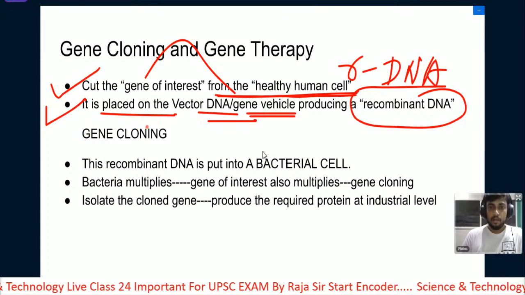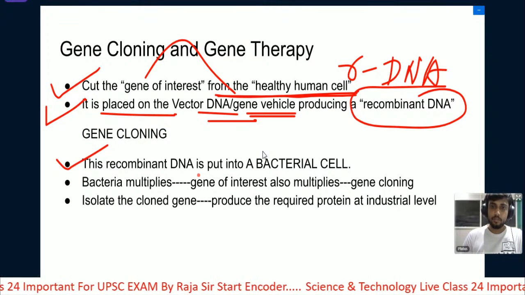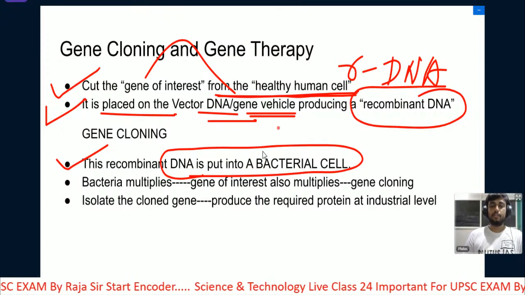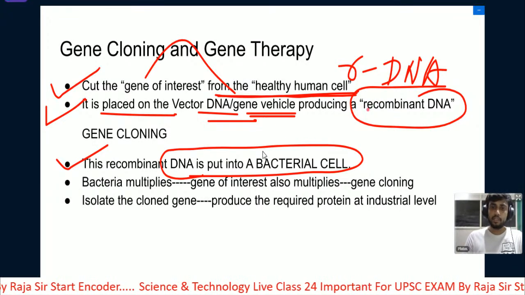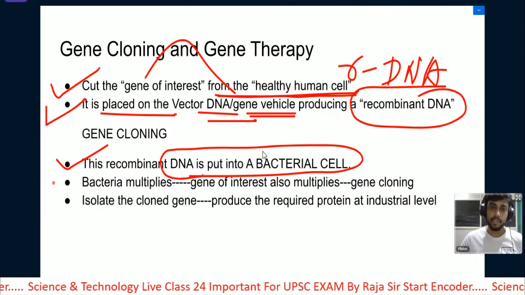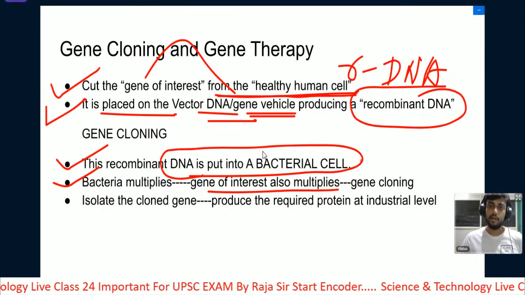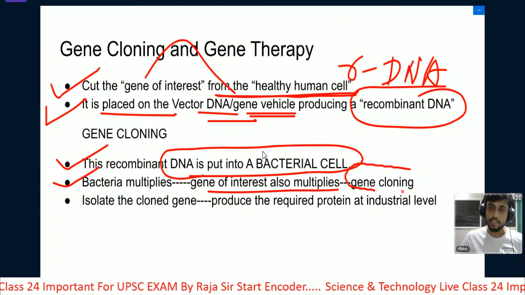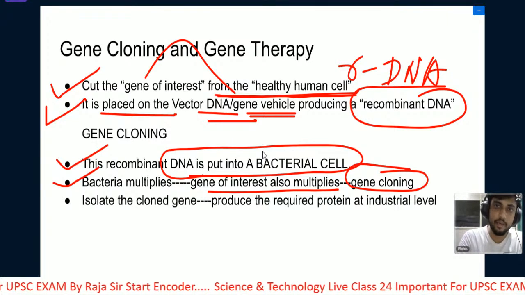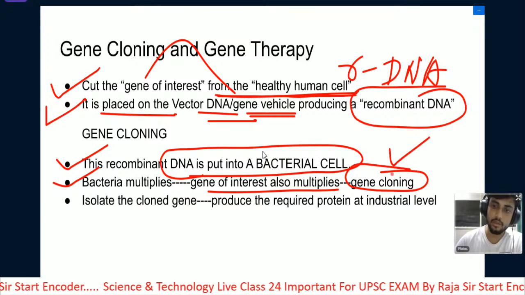In gene cloning, this recombinant DNA is put inside a bacterial cell. In the third stage, we put this recombinant DNA inside a bacterial cell, and when the bacteria multiply, the gene of interest also multiplies, and this process is known as gene cloning. We are creating the same copies of the insulin gene.